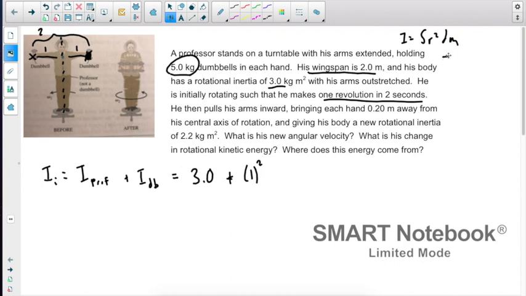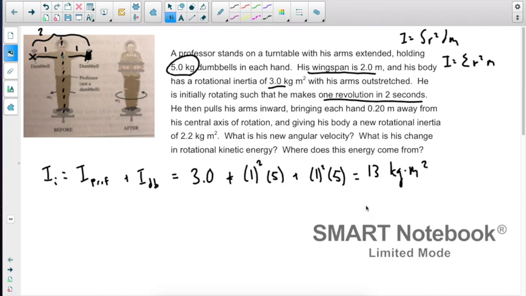So rotational inertia using a collection of point particles is the sum of r squared m, right? So here's r squared for one of them, the mass is 5. And then my r squared times m for the other one will get me that. So it looks like that initial rotational inertia is going to be 13 kilogram meters squared.